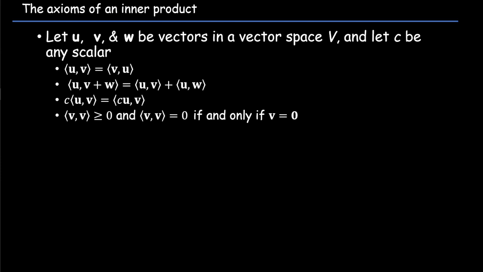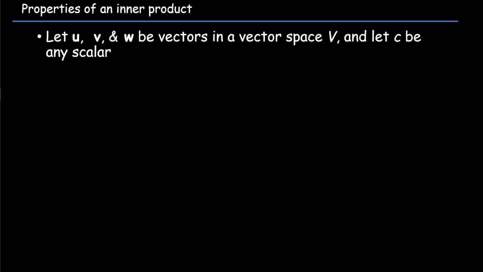These inner products have some properties. Of course, a lot of things have properties. Again, we're going to let u, v, and w be vectors in the vector space V, and c be any scalar. The first one is that the inner product of 0 comma v is the same as the inner product of v comma 0, which is 0.